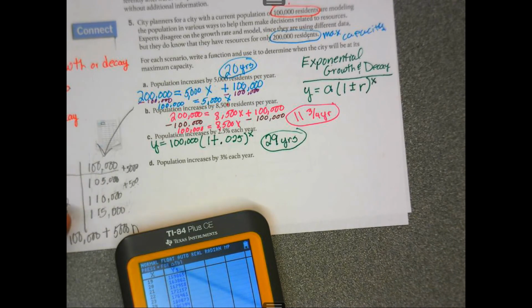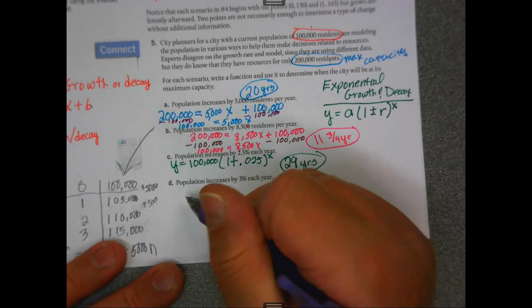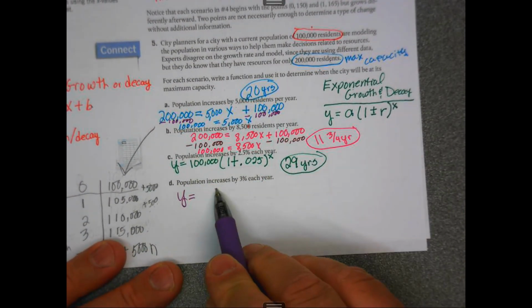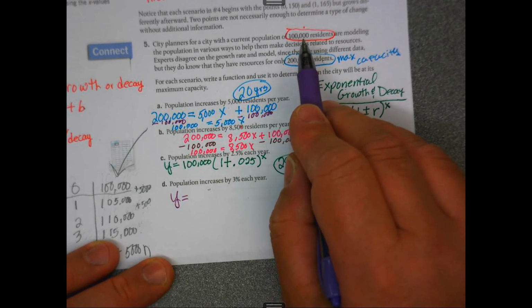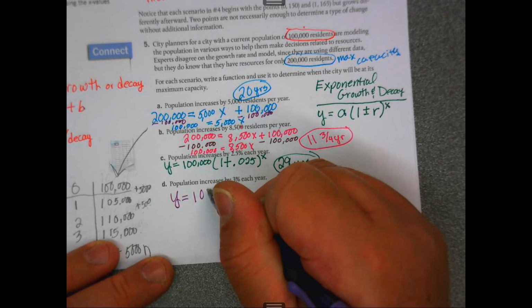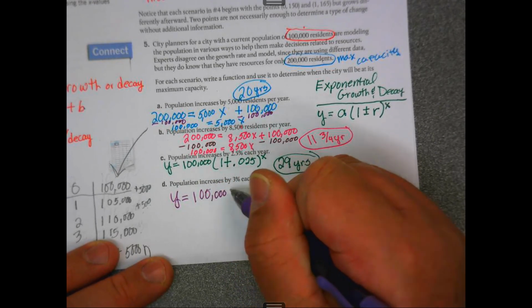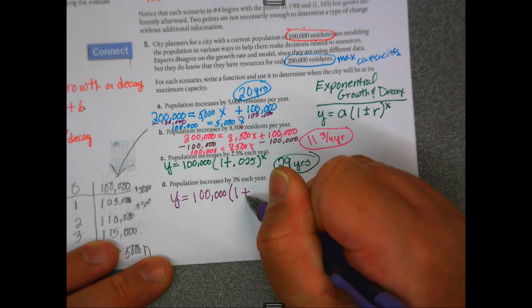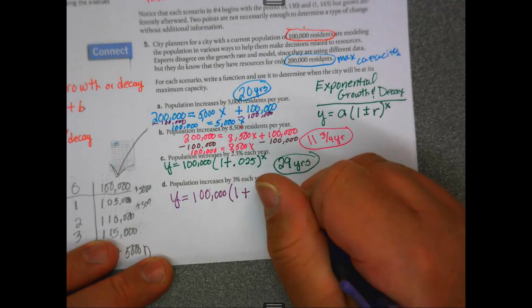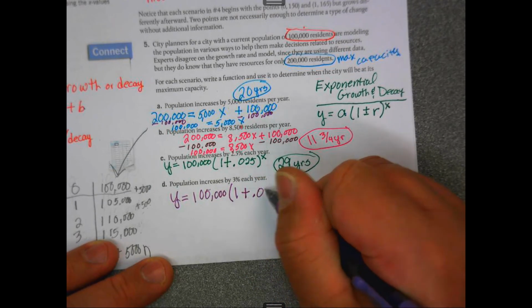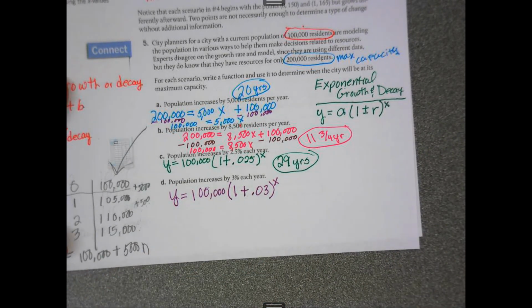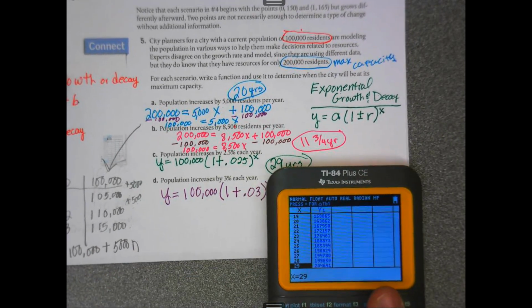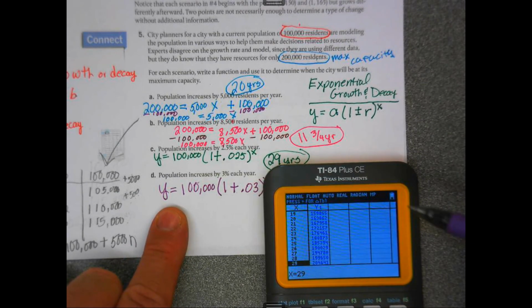All right, going to do that again. Initial population A is 100,000 times 1 plus the rate. This time the rate's 3%. Move your decimal over twice. 0.03 to the X. So I'm going to go to my Y equals button on my calculator.